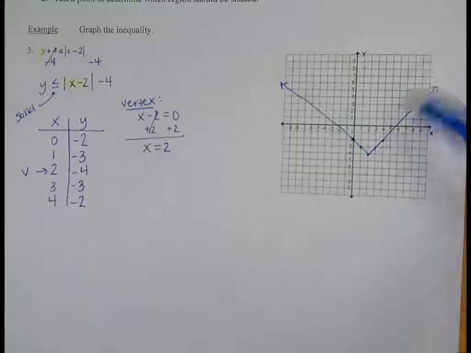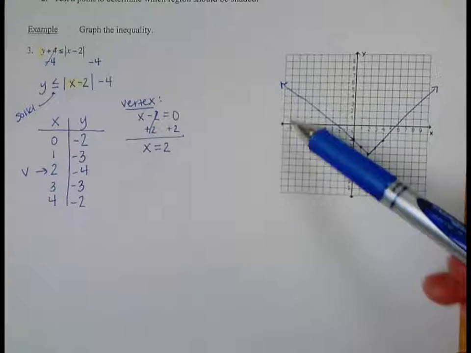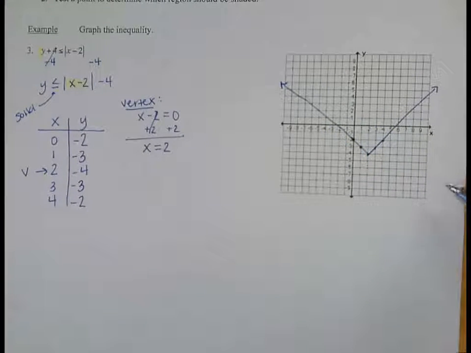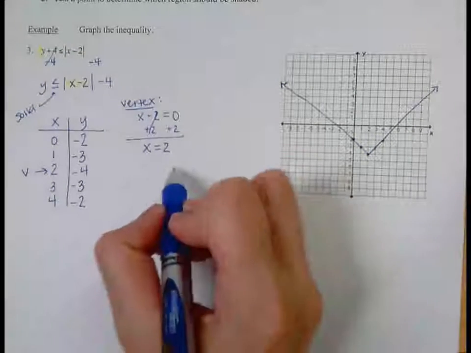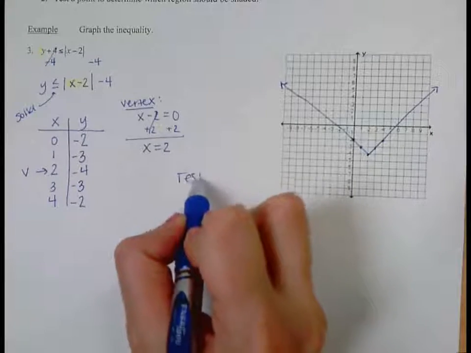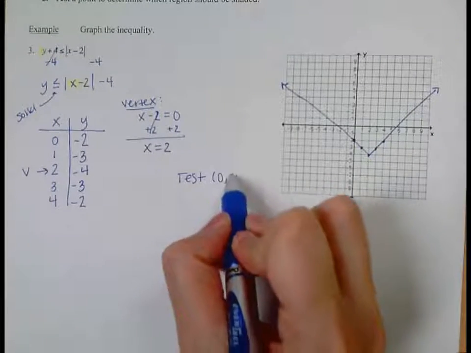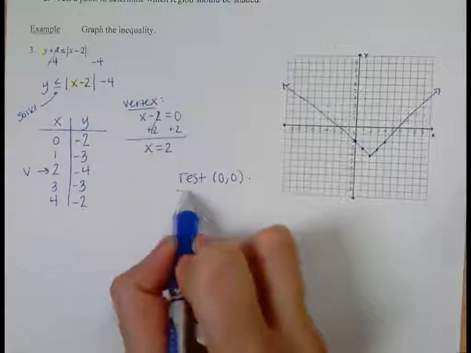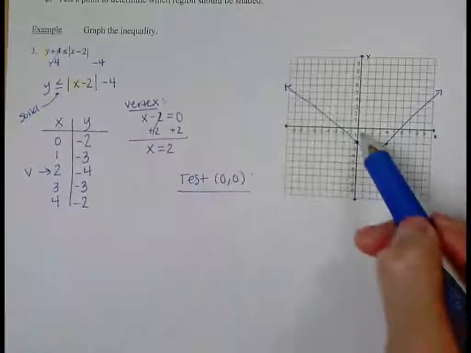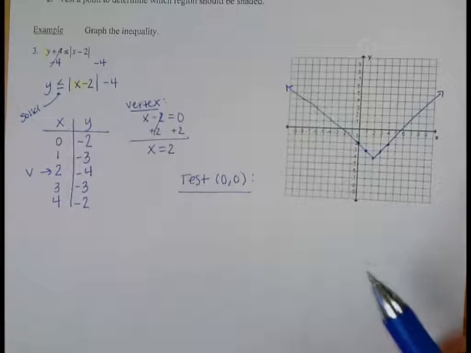You have the part that's above or kind of inside of your V, and then the part that's outside of it. One of those two parts we have to shade. So to determine where to shade, you can still test a point. Still, I would test 0, 0 as long as it's not on your absolute value V, which this one is not, so I can test it.